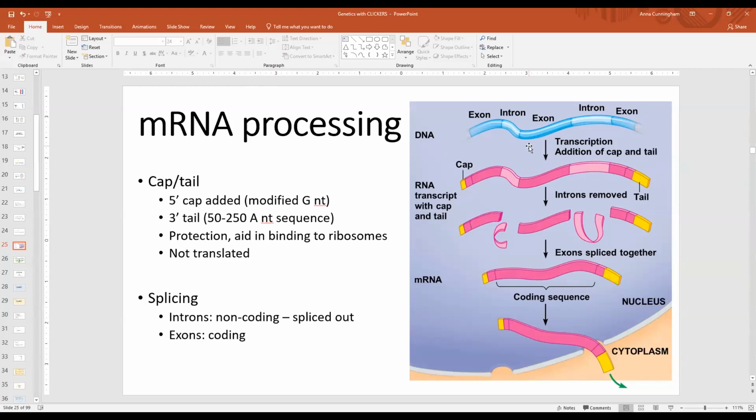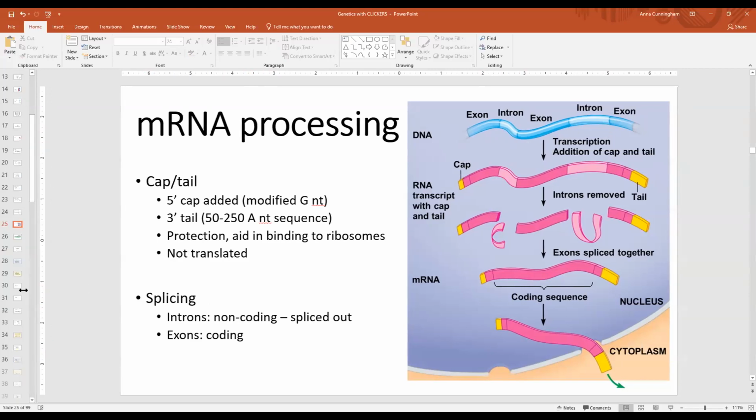Another thing that we do as part of the mRNA processing is we splice out intronic segments of that mRNA. So just a reminder that in DNA, and you can see this in the blue, there are both coding and non-coding sequences.